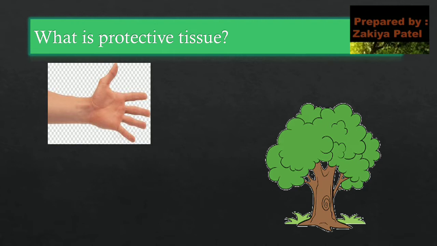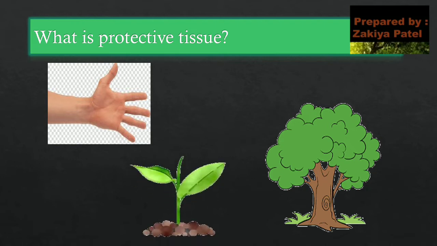Okay, so we are first starting with the aerial part of the plant. What are the aerial parts of the plant? The parts which are present above the ground, for example stem and leaves. So first we will talk about which kind of protective tissue or protective layer is present in the stem and leaf of the plant, which protects the plant from diseases and damage.